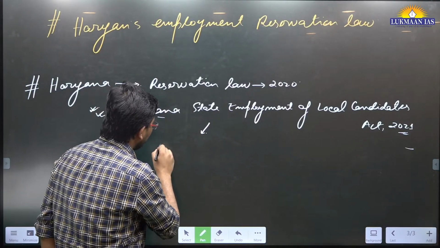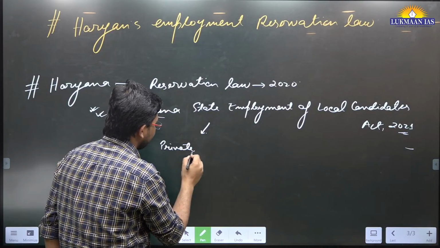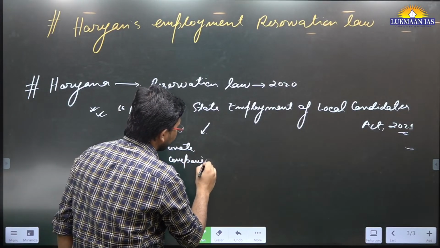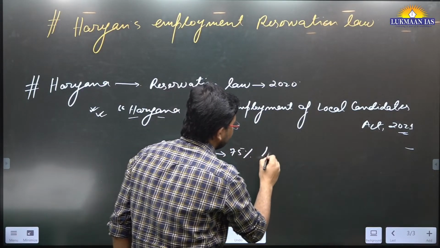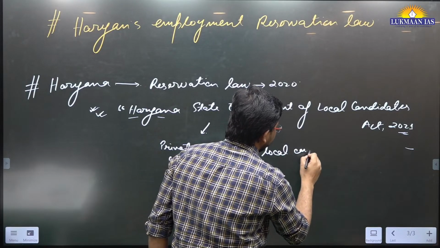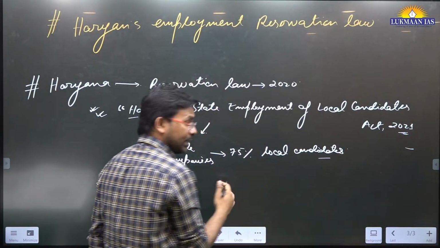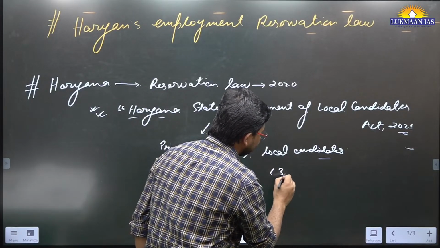So those organizations that are private companies have to employ 75% local candidates among all people that they employ if the salary is less than 30,000 rupees.